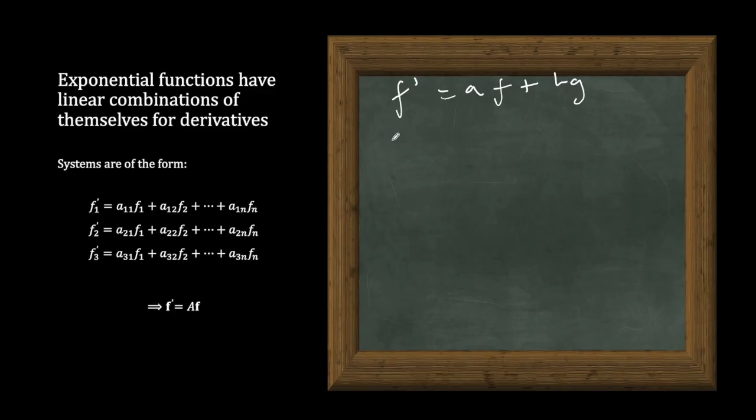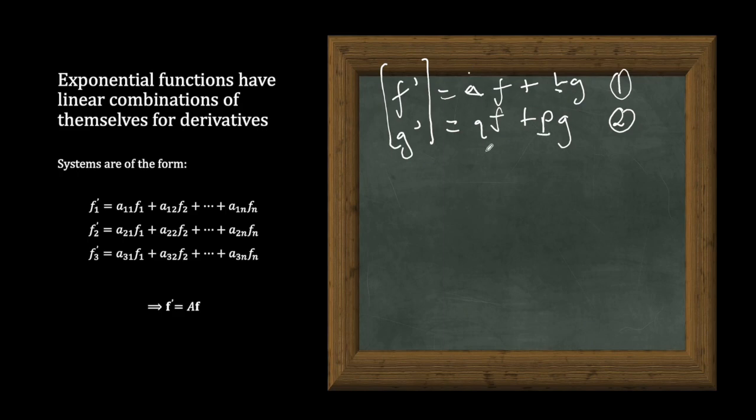And if you have a few of these equations, like g dash equals q f plus p g, and this is all in one system, you can see it's forming a standard linear equation where here you've got your, what's usually the b vector, these coefficients here go in the matrix A, and then f and g are like x1, x2, or x and y.